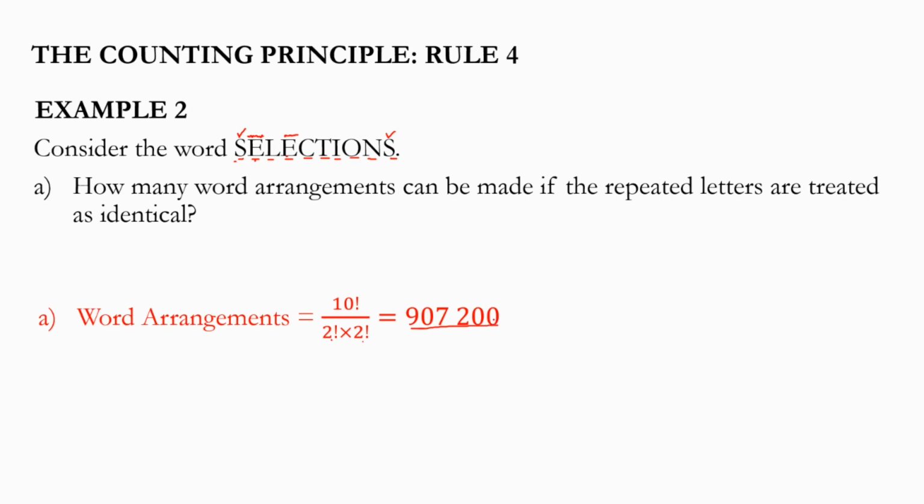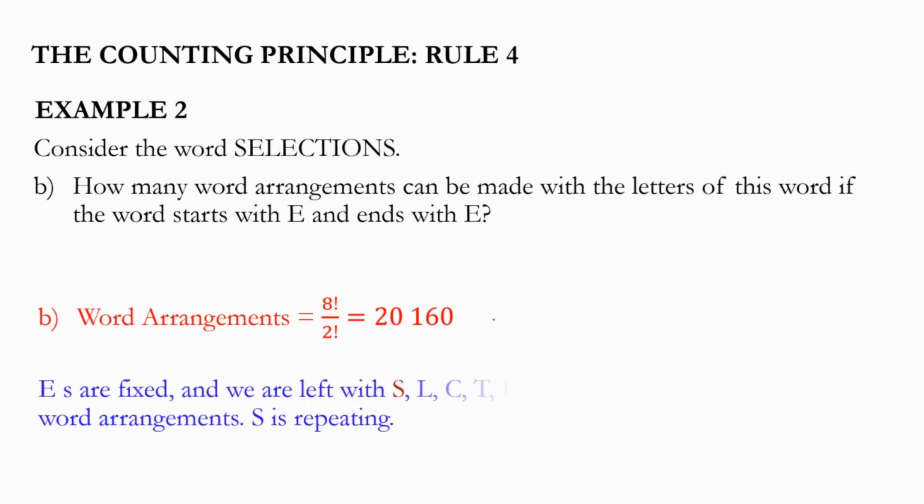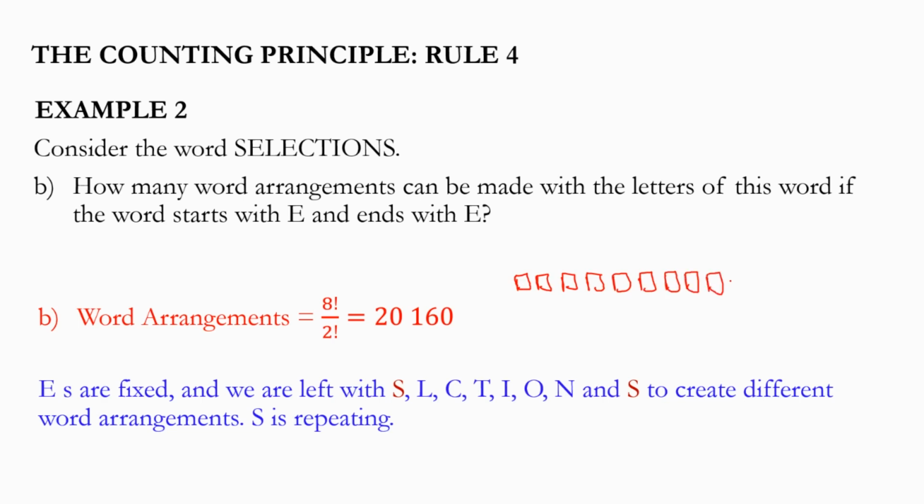Right, let's look at B. How many word arrangements can be made with the letters of this word if the word starts with E and ends with E? It means the E's are fixed. We have 10 positions. The first one is fixed, must be E, so it's one choice. The last one is fixed, it's E, one choice.